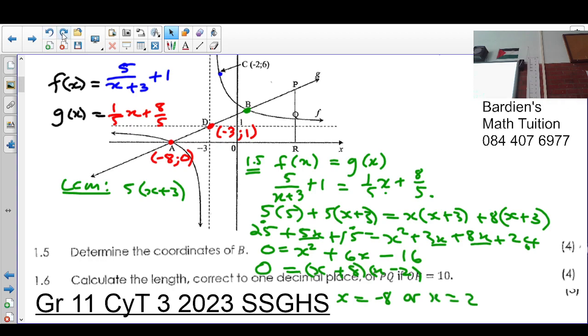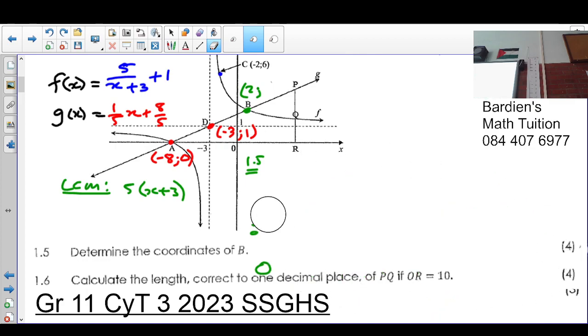So, what is the x value of B? 2. Can you see that, people? So what do I do with that? I substitute 2 either into the exponential graph or the straight line. Okay? Sorry that I have to take this off all the time, but I want to keep the diagram in focus.